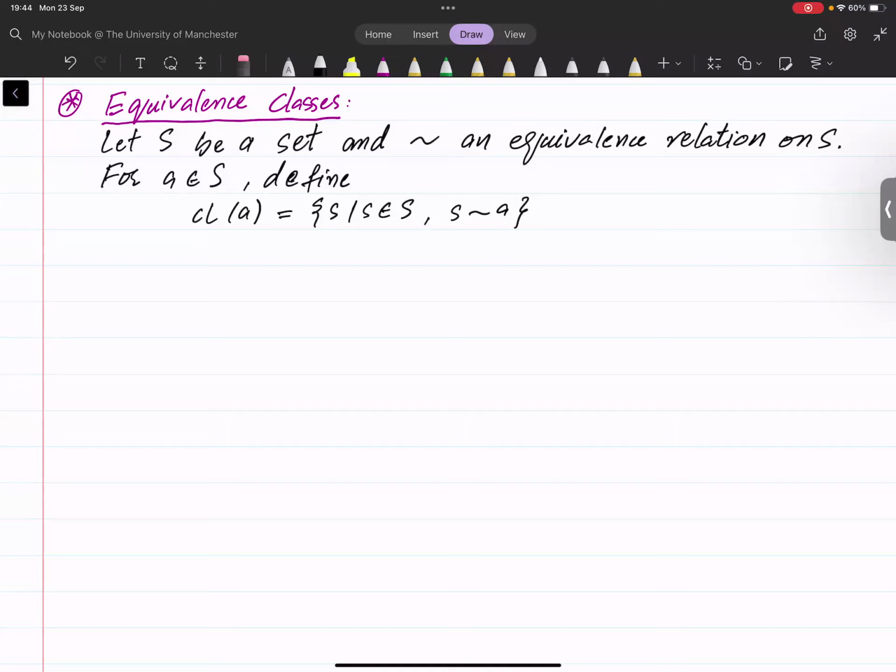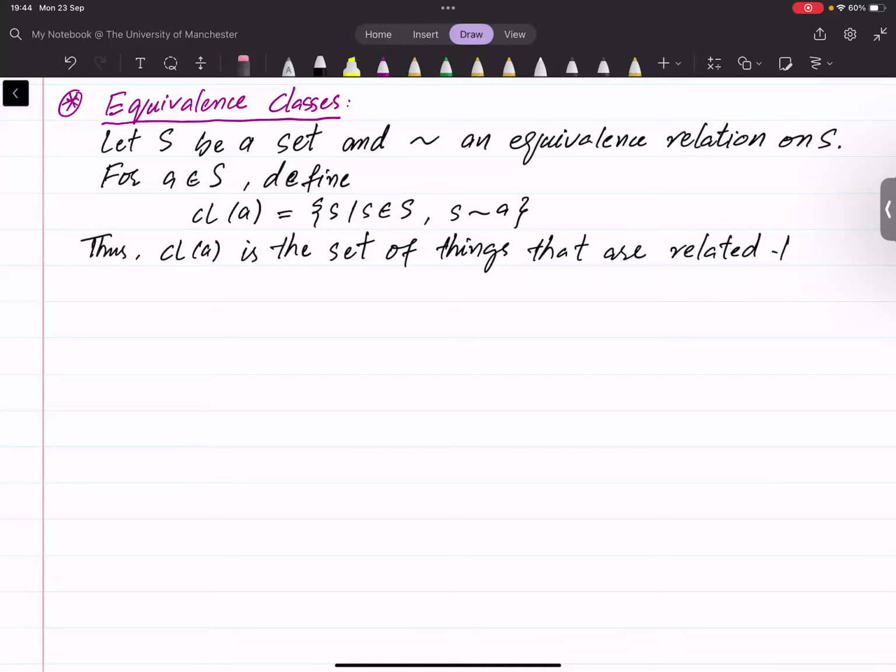Okay, so we say that the class of a is the set of things that are related to a.